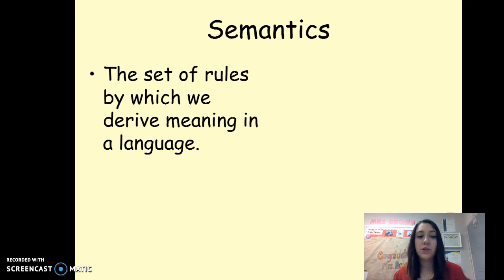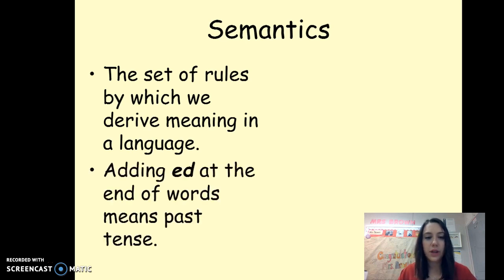It's a set of rules by which we derive meaning in a language. So really, if you just think of meaning for semantics and for semantic encoding, that'll work really well for you.